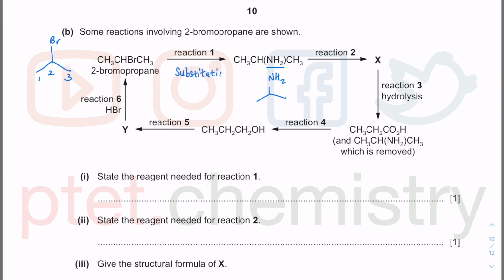This is what you call type of reaction, as stated in the AS Introductory Organic Chemistry syllabus. We don't know what X is, but we can suggest what X is from the next reaction. When you hydrolyse X, you are going to get this thing here, CH3CH2CO2H. So you get a carboxylic acid.